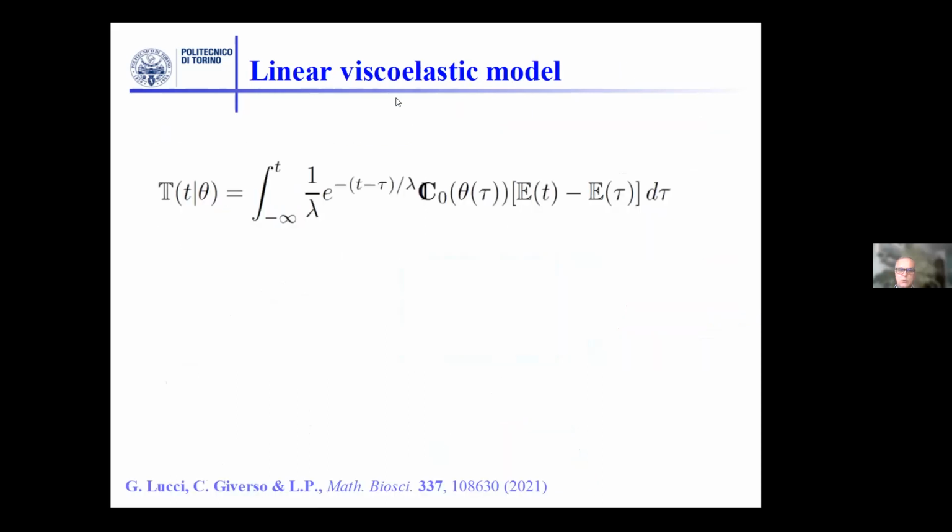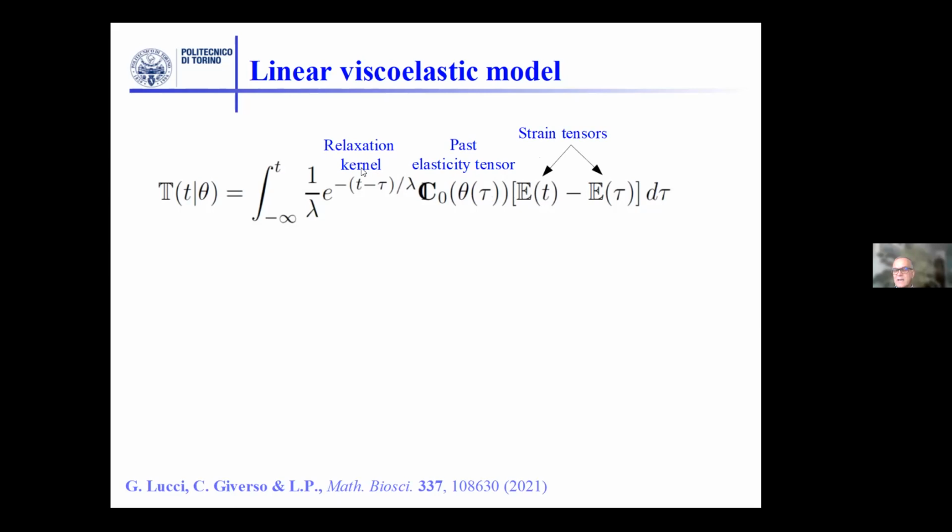I will not go into detail on that. I will just write the model in integral form and discuss it a bit. In this constitutive equation, what you do is compare the strain at present time with the past strain through the elastic tensor that the cell had at past time tau, and you weight this contribution with a relaxation kernel.